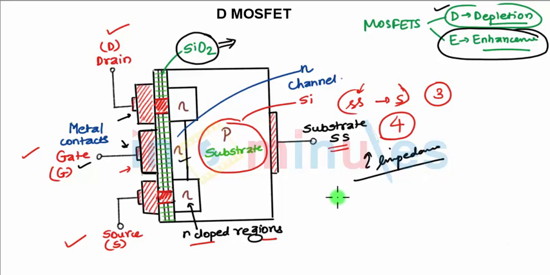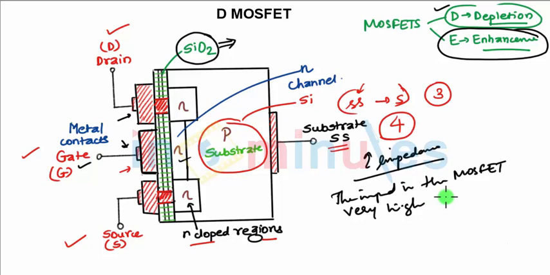The input impedance is very high for the MOSFET because of the insulation of the gate, or the silicon dioxide layer between the gate terminal and the N-type doped region.